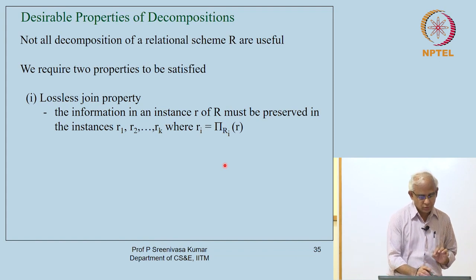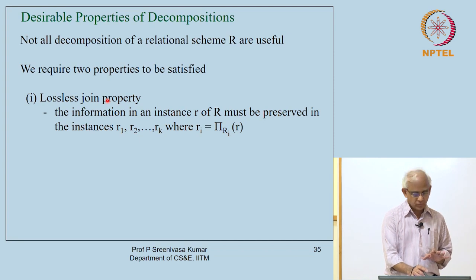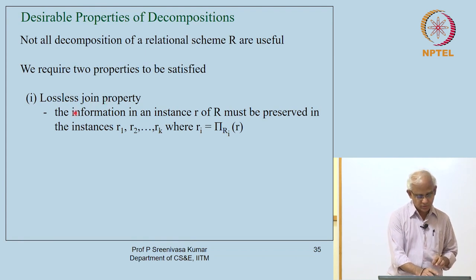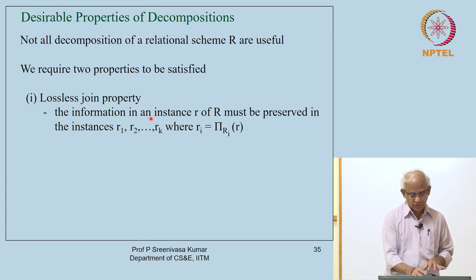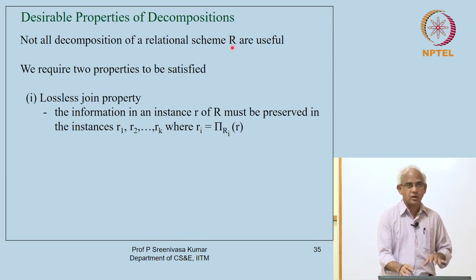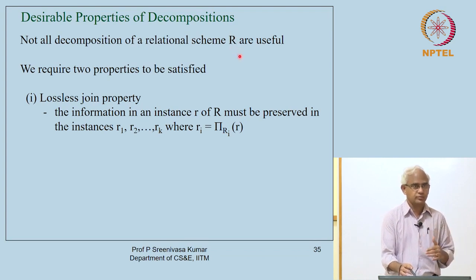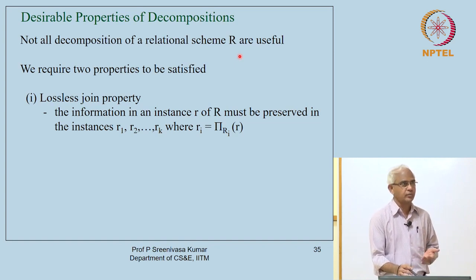There are two properties, one of them is called lossless join property, and the other one is called dependency preserving property. Basically what we require here is that whatever information was present in any instance R on the original scheme, if you decompose the relation scheme R into say R1 and R2, what will happen to the data? What will happen to the data?